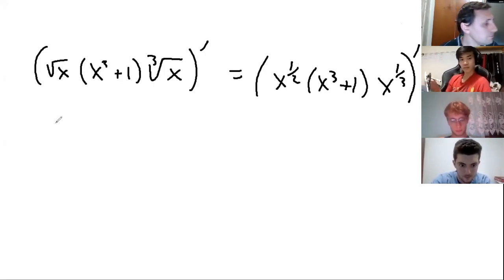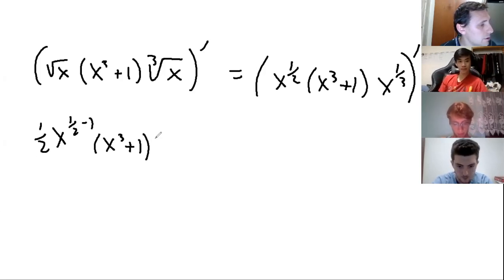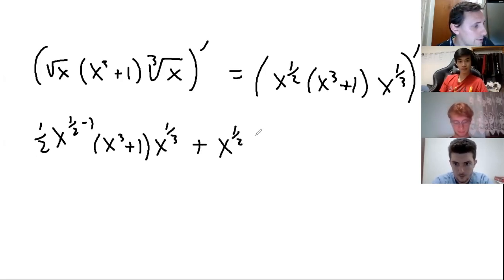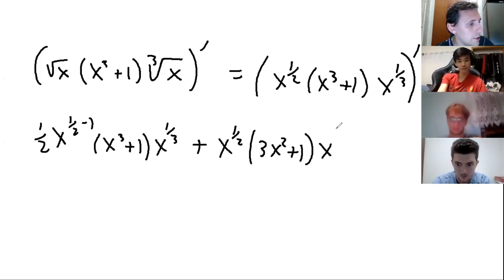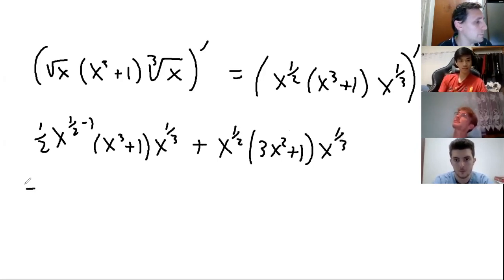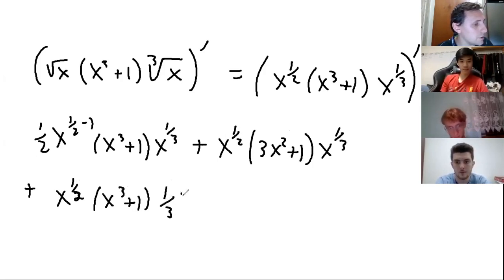So it is the derivative of x to the 1/2, which is 1/2 x to the 1/2 minus 1, times the other functions untouched, plus x to the 1/2 times the derivative of the middle function, 3x squared plus 1, and then the next function untouched, and then plus the first function untouched, the second function untouched, and for the last function we take the derivative, which is 1/3 x to the 1/3 minus 1.